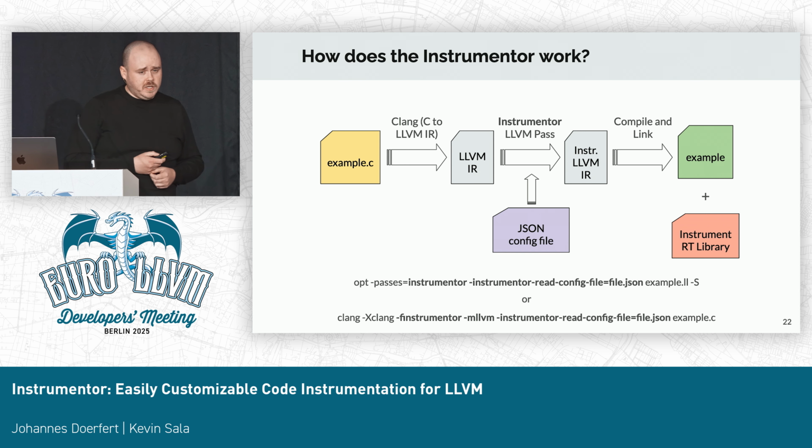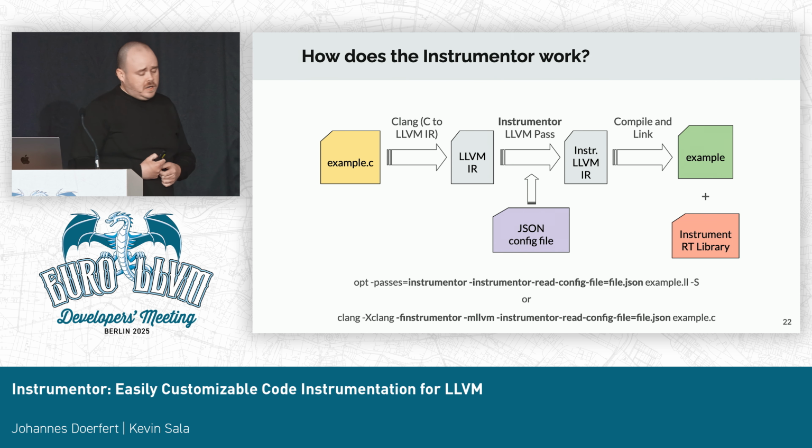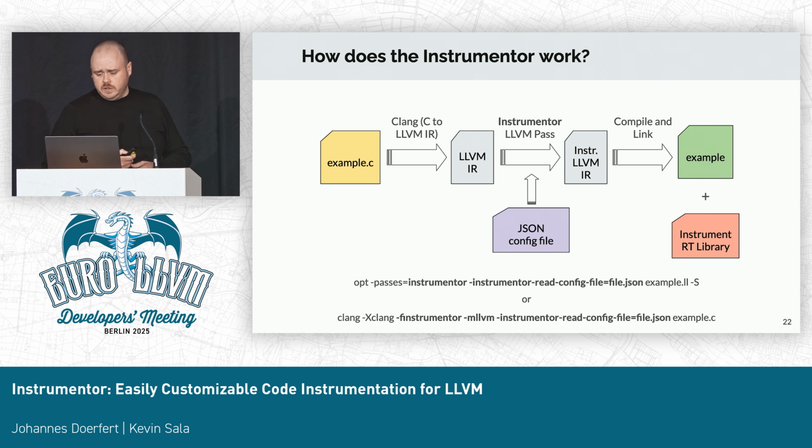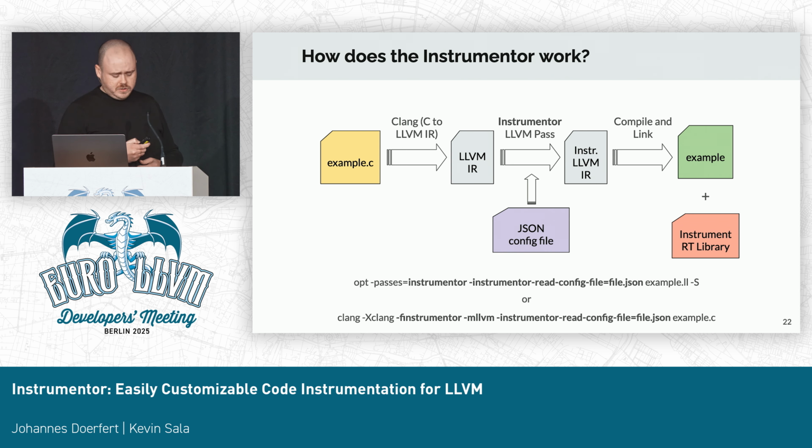It will read from the JSON config file what you want to instrument. If you didn't provide any, it will just read from the default one. And it will generate the instrumented version. And finally, you will be able to compile it and link it to your instrumentation runtime library. That is the one that will gather all the information and process it later.